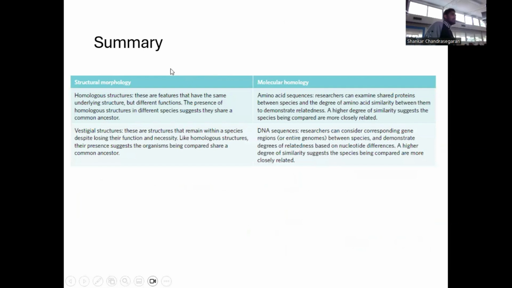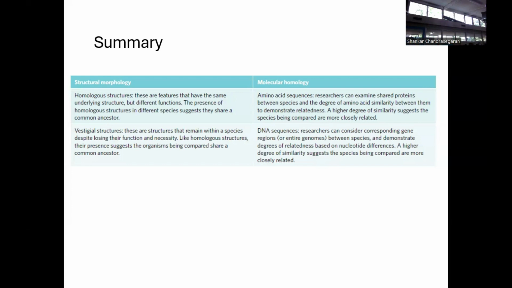So far, in summary, the two things that we looked at are structural morphology and molecular morphology. For structural morphology, there are two main things, homologous structures and vestigial structures. Homologous is where, even though they have different functions between different species, they still have a similar bone structure, or a similar underlying structure that can be used to study relatedness.